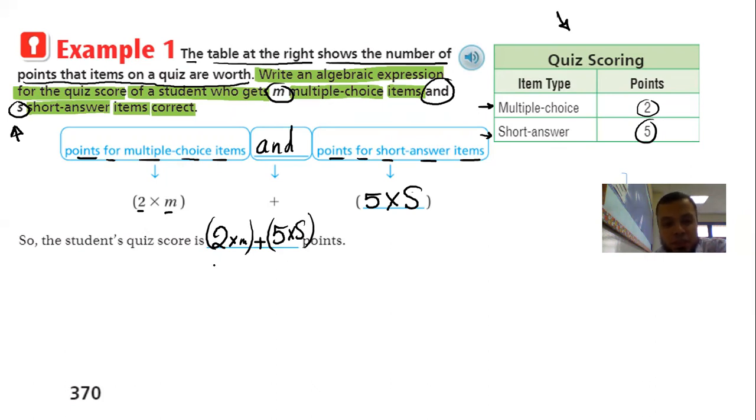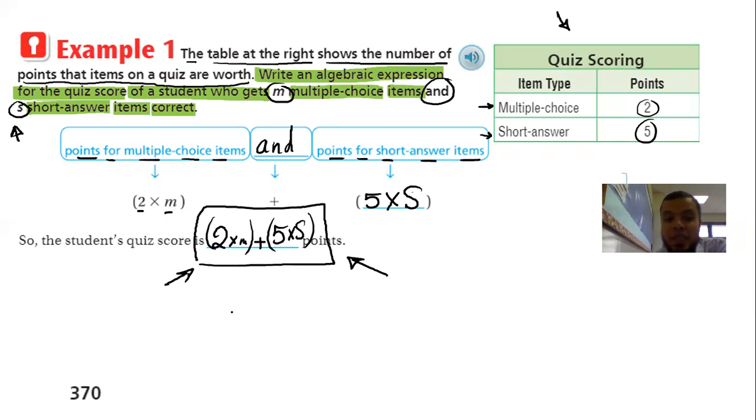Okay, this is the relation, or this is the, what should I say? I forgot. It's algebraic expressions. Yes, this is an algebraic expression for all the points a student will collect if he solves M multiple choice questions and S short answer items.